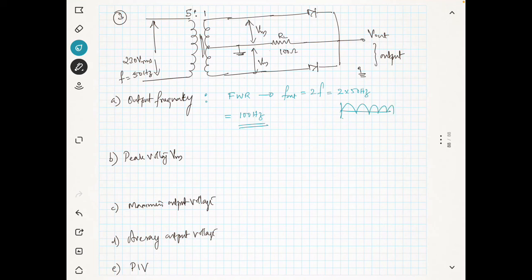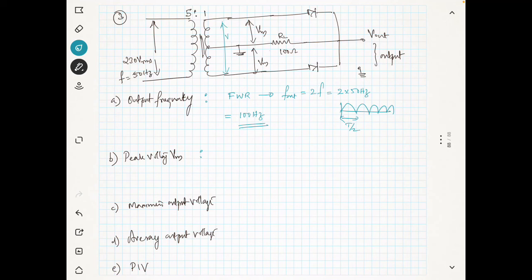So the time period has been reduced to half, that's why the frequency is doubled. This we have already discussed while discussing the full wave rectifier.